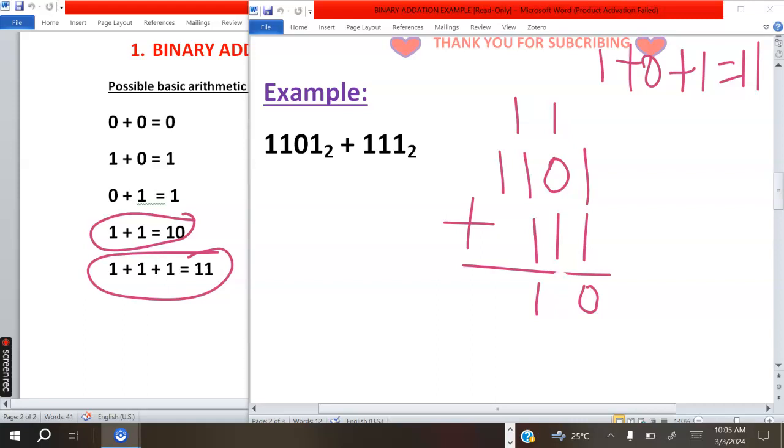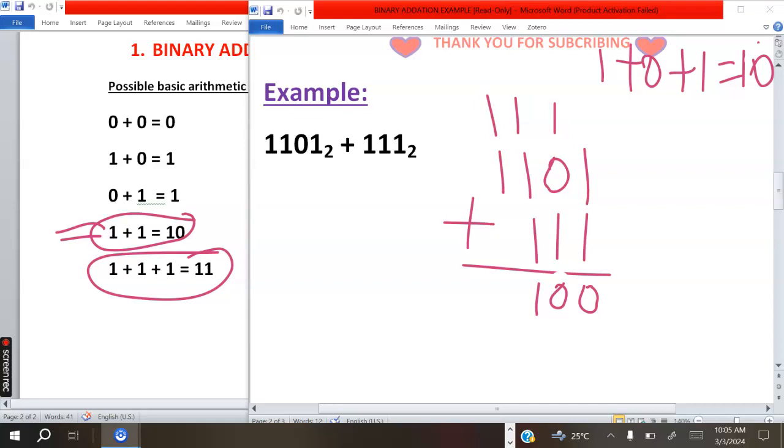Guys, remember, 1 plus 1 is supposed to be 1, 0. This rule. Okay, so this is a 0. Then we have 1 plus 1 plus 1, which is 1, 1. Then you carry the 1 to this point.